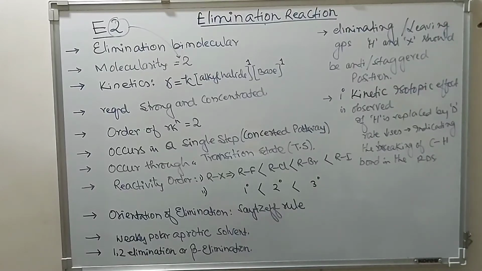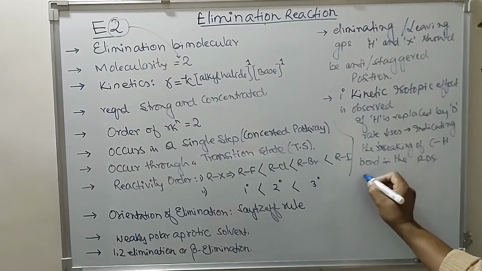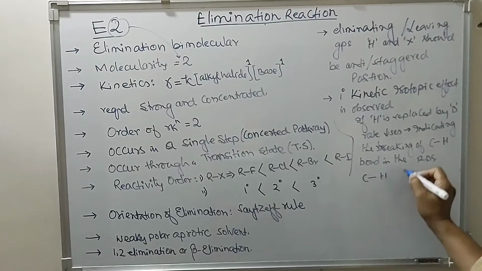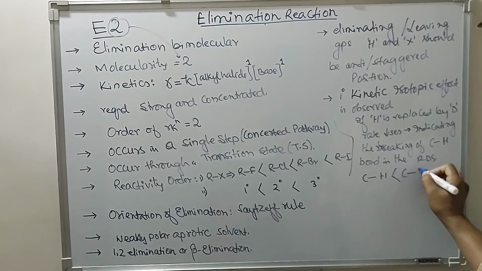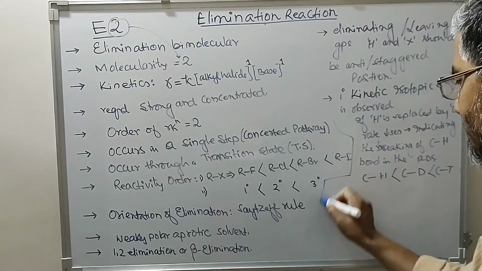So why, when hydrogen is replaced by deuterium, does the rate of reaction decrease? Look at this. The bond strength of carbon hydrogen bond is less than carbon deuterium, which is less than carbon tritium. As the isotopic mass increases, the bond strength increases.